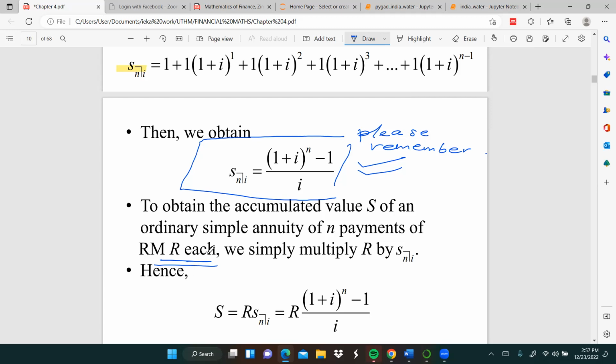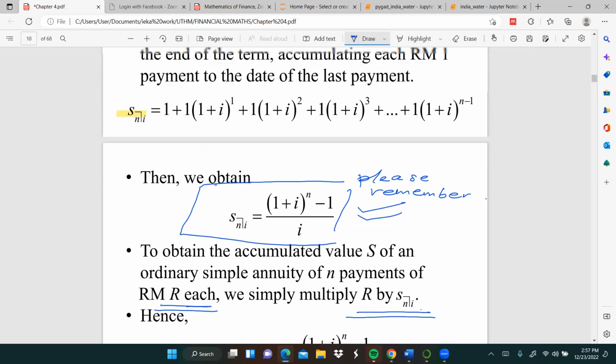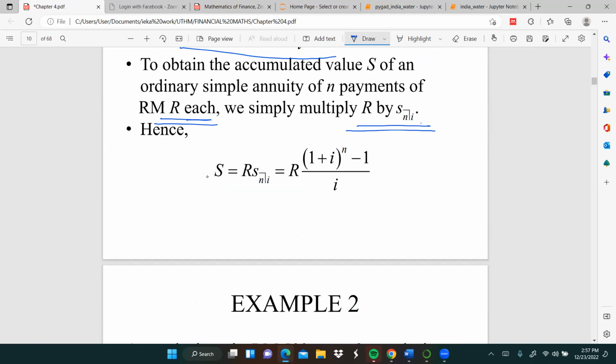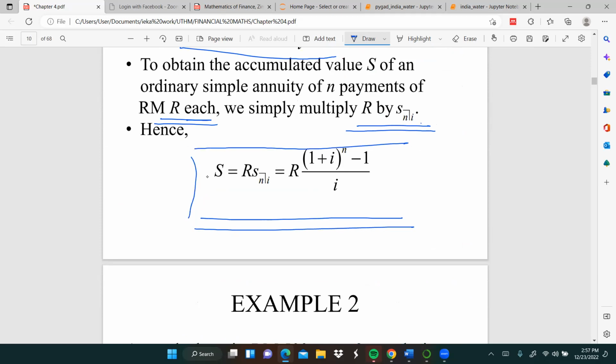Then when we have payments of R each, we simply multiply R by S angle n at i. So this is the formula for the accumulated value, and you need to remember it.